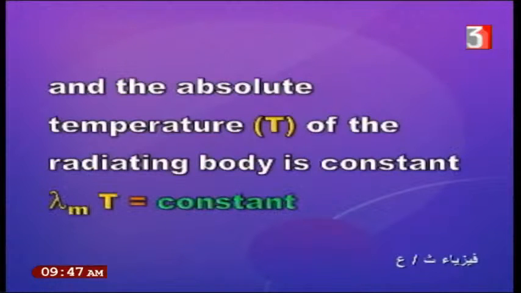So we've got an inverse relation. We can say lambda maximum 1 over lambda maximum 2 equals T2 over T1. It is an inverse relation.